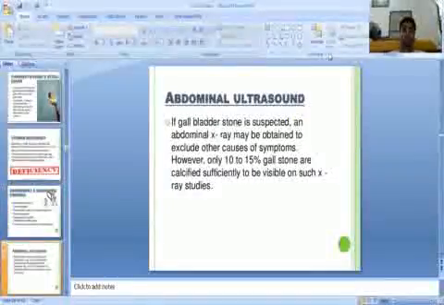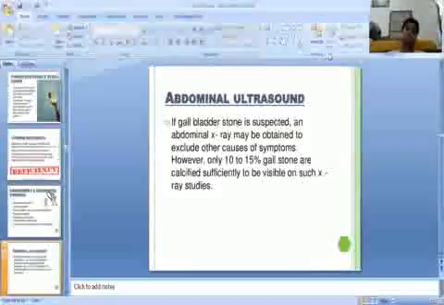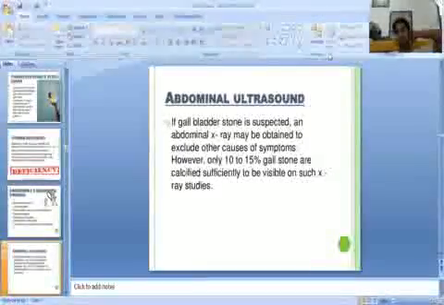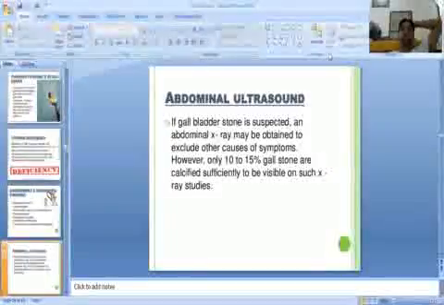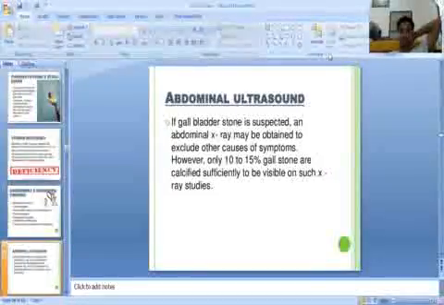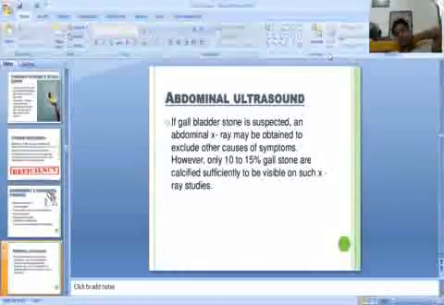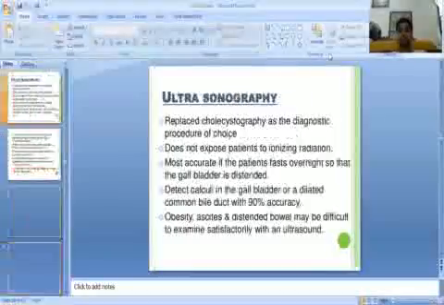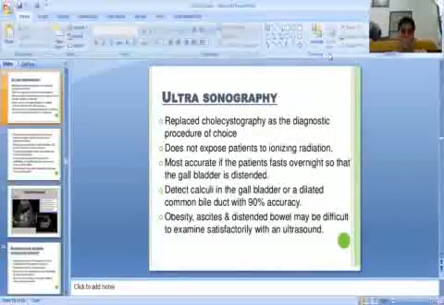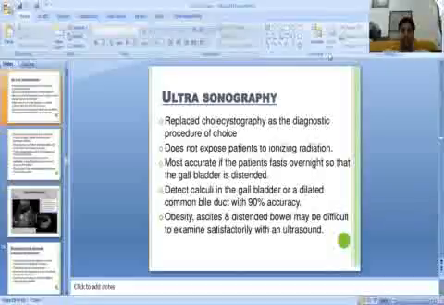Abdominal ultrasound. If gallbladder stone is suspected, an abdominal X-ray may be obtained to exclude other causes of symptoms. However, only 10 to 15 percent of gallstones are calcified sufficiently to be visible on such X-ray studies. Ultrasonography has replaced cholecystography as the diagnostic procedure of choice.